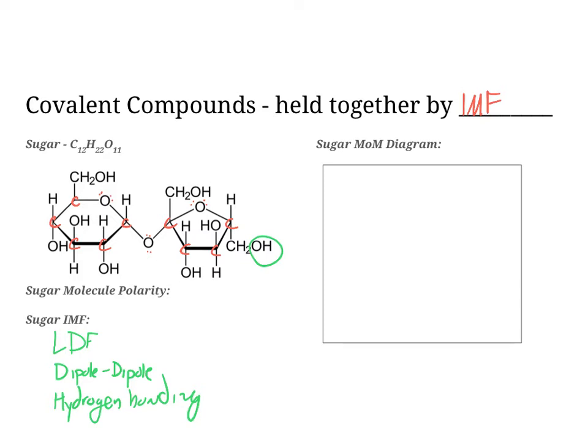For sugar molecule polarity, on the right side I see 1, 2, 3, 4 instances of hydrogen bonding, and on the left side I see 1, 2, 3, 4 instances of hydrogen bonding. I also see 1, 2 places where we could probably see some dipole-dipole interactions, and then the dipole-dipole in the middle, here and here. So this looks like it's pretty much a nonpolar molecule.